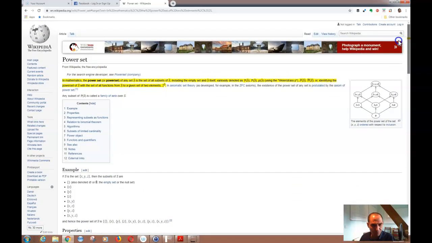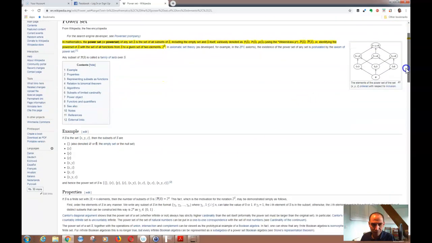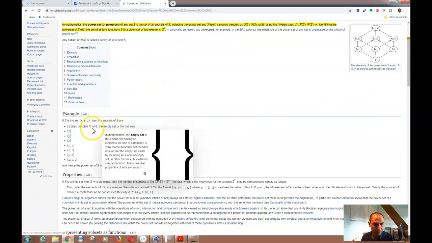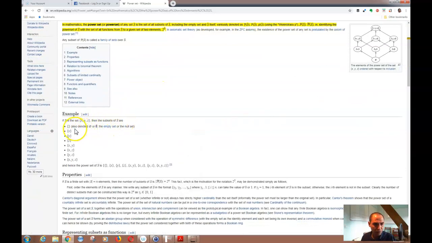So very simply, for example, if S is the set x, y, z, then the subsets of S would be, first of all, phi, or the empty set.